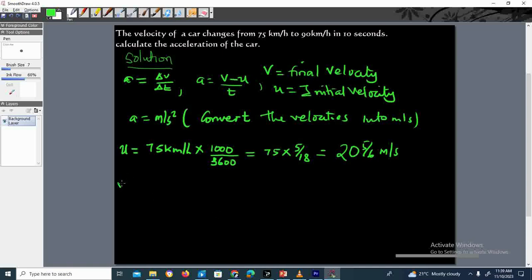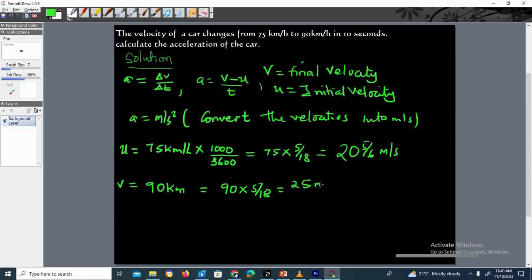So the final velocity is 90 kilometers per hour. So we multiply this 90 times 5 over 18 to convert it into meters per second. And this will give us 25 meters per second.